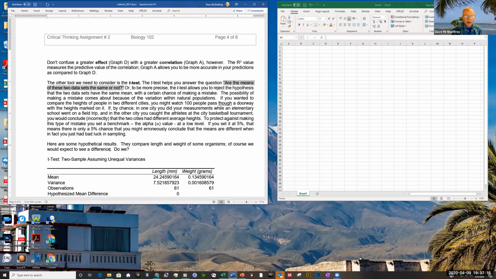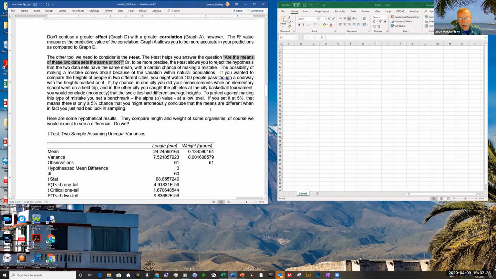And so with the t-test, what we're doing is we're setting up a hypothesis that the 2 means are equal to each other. And if we can reject that hypothesis, that supports the idea that the 2 means are different, that there's something going on here, okay?